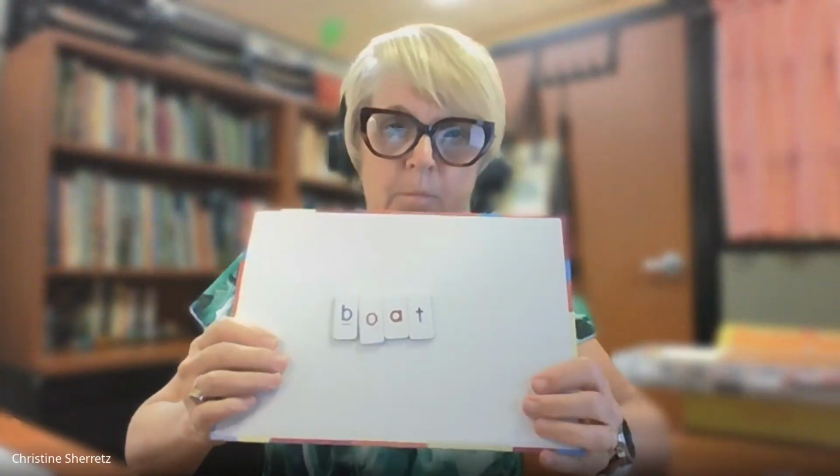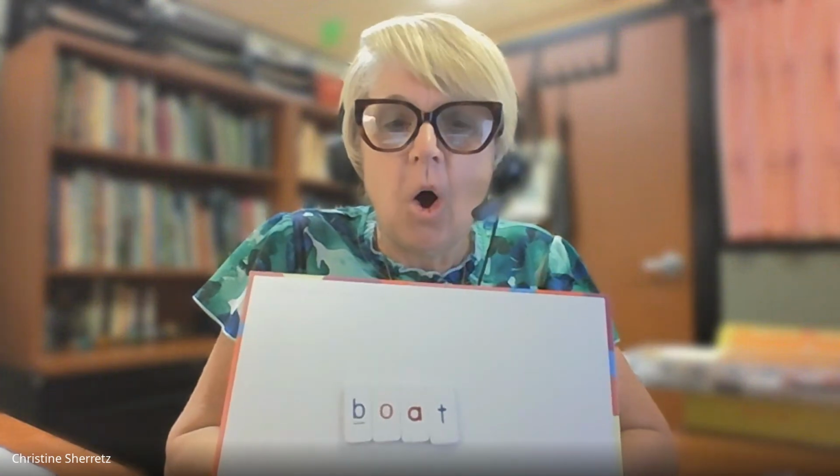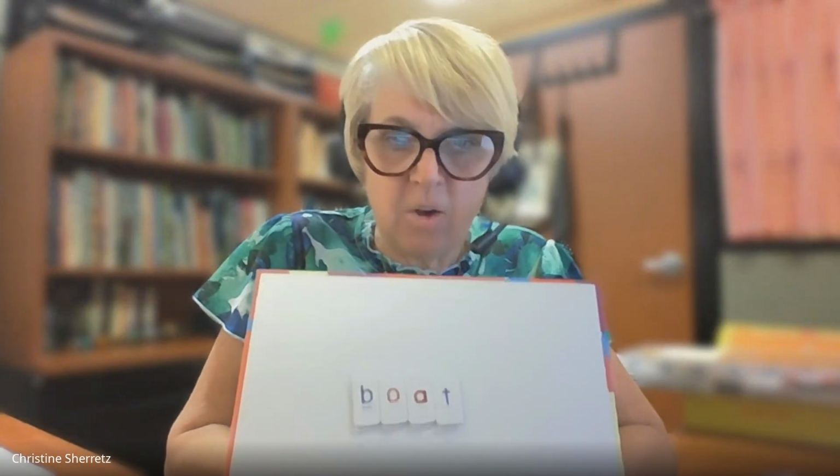And I want you to tell me what is the rule. Okay, so we said that if there are two vowels, this is a vowel team. So we have the vowels together, and we know that OA makes one sound, boat, boat. So this is what you would be teaching kids.